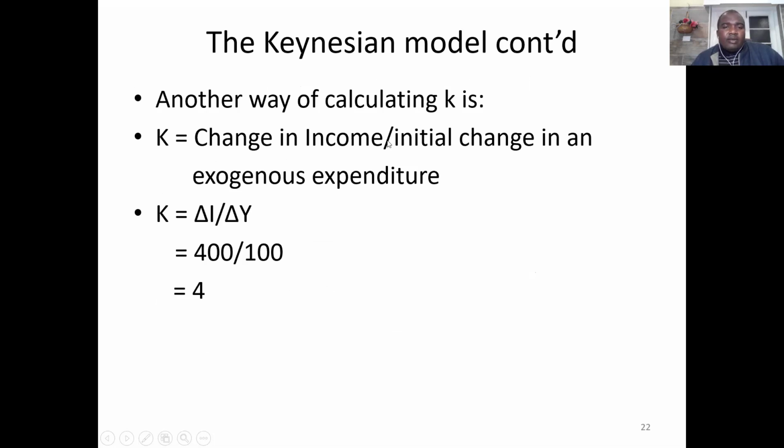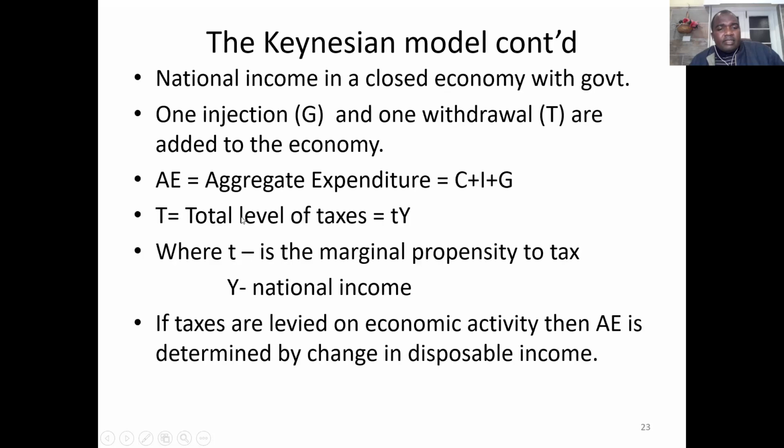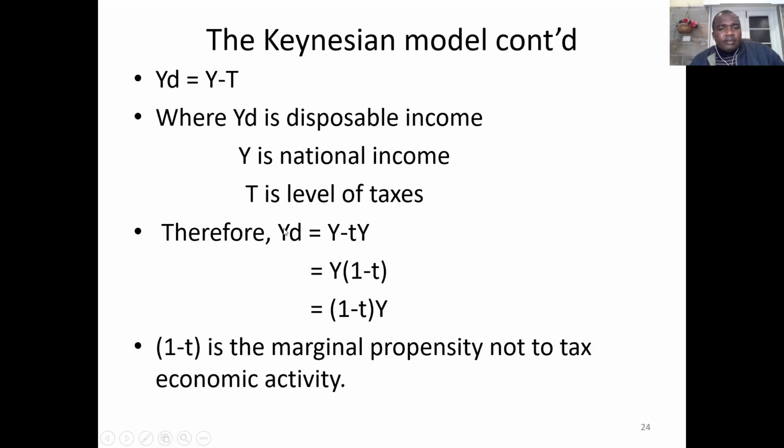Another way of calculating the multiplier is simply to say the multiplier K is the change in national income over the change in investment. Let me correct that.